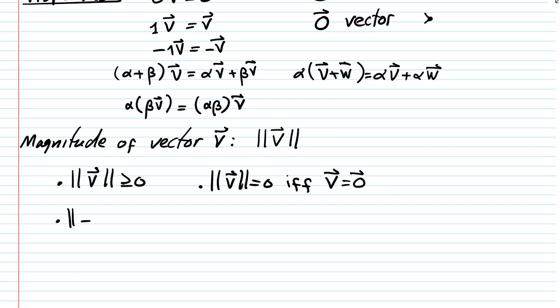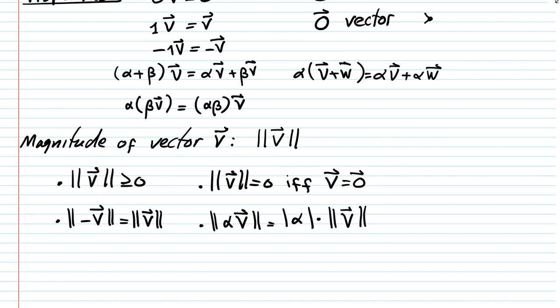The magnitude of a negative vector is the same as the magnitude of a positive vector. And the magnitude of a scalar multiple of a vector is equal to the absolute value of the scalar times the magnitude of the vector. For example, let's say I want to find the magnitude of negative 2v.